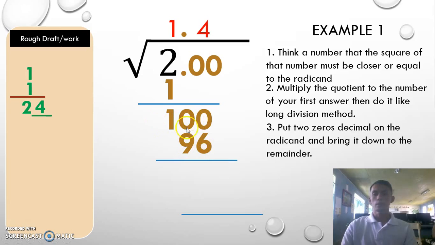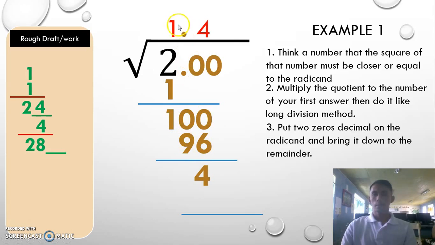Do the long division method again: 100 minus 96, and you have 4. The number that you put here a while ago, you should add it, so you have 28.